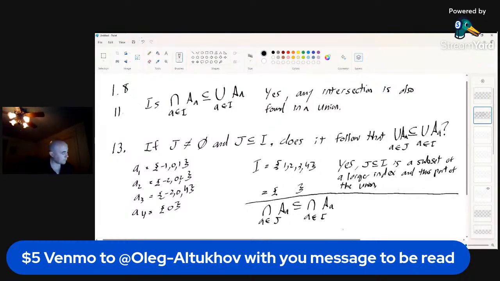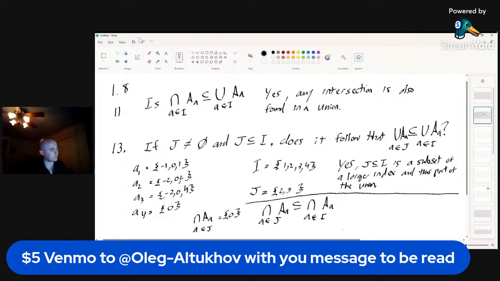And then if we're going to say union of A sub A and A contains J intersection, that means which is equal to the 0. That's the only intersection.